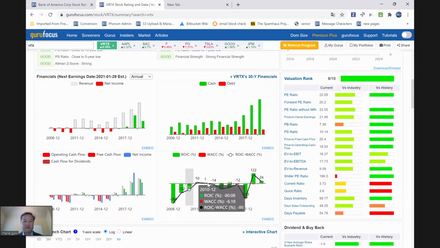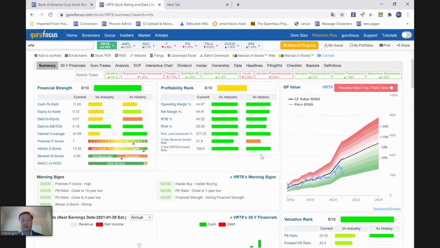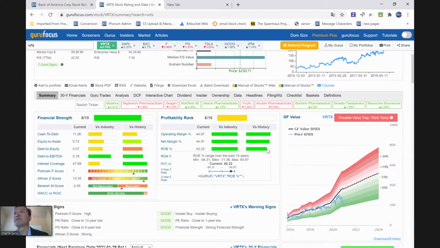Also, to be honest, if you look at the ROIC versus WACC chart, it's not very good for this company, and you need to study further.